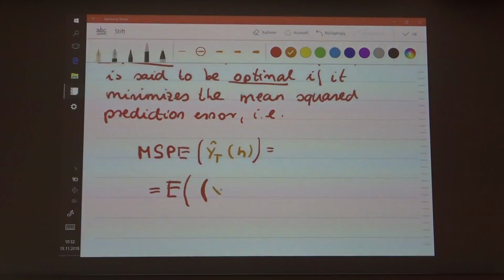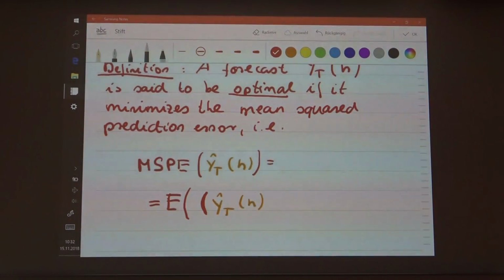Here you have the estimator, the forecast, and then minus the observation that you would have. You take the difference of your forecast minus your observation at that time, for which the forecast is constructed. You take the square of it, and then you take the expectation of it.